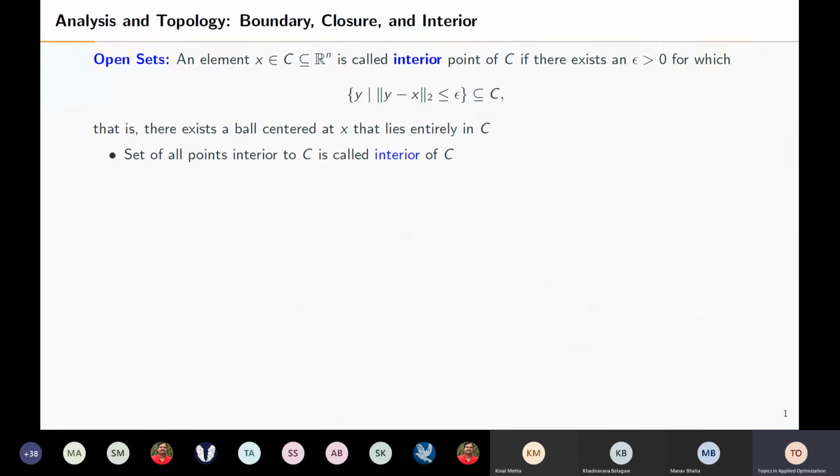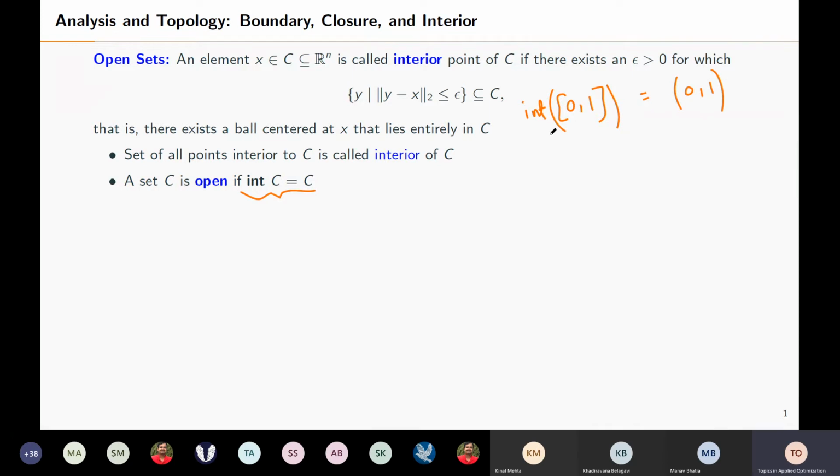The set of all interior points of C is called the interior of C. For example, the interior of [0, 1] closed is (0, 1) open. A set C will be called an open set if the interior of C becomes the whole set C. So clearly, for [0, 1], if we take the interior, we get (0, 1).